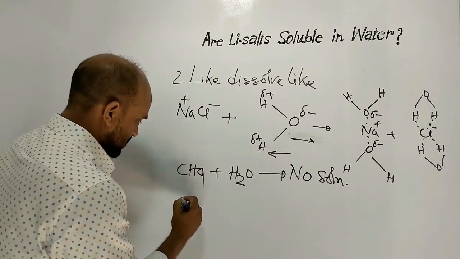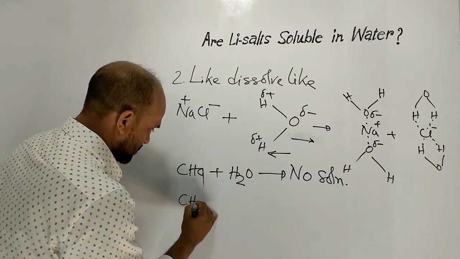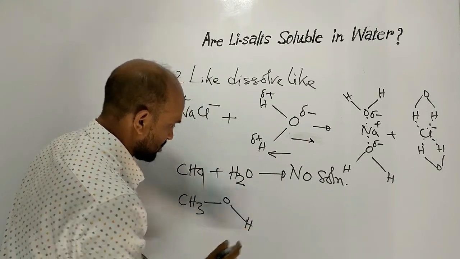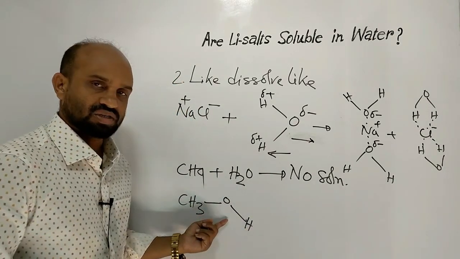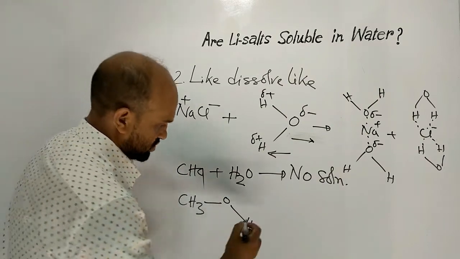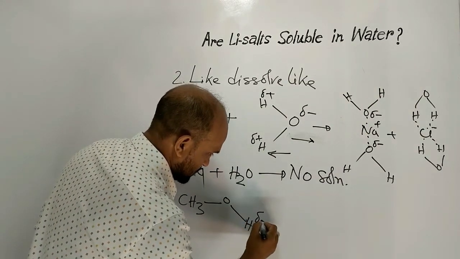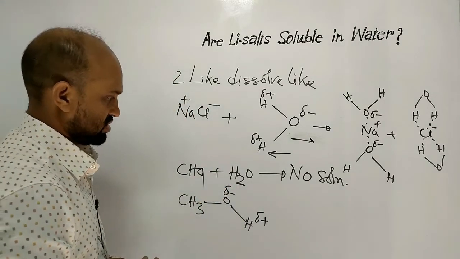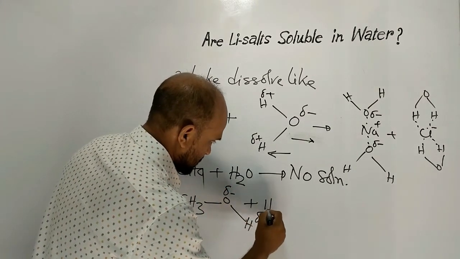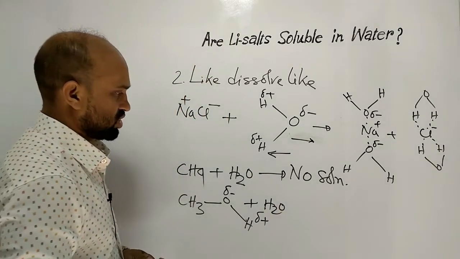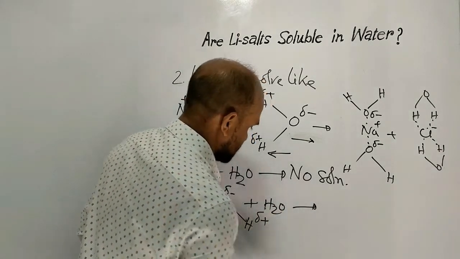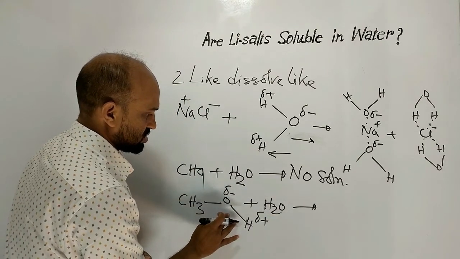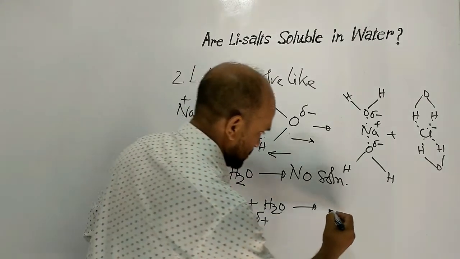Another example, methanol. This is methanol. It's a kind of polar compound. This is positively charged. This is negatively charged. When this compound is dissolved in water, the water molecule mixes with methanol in this way.